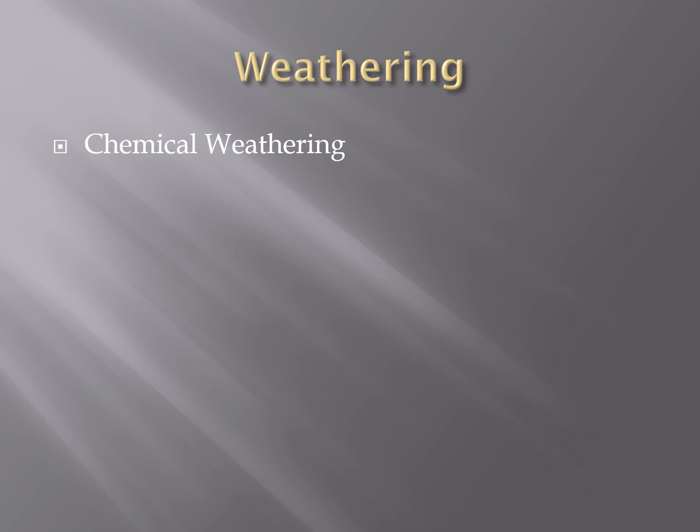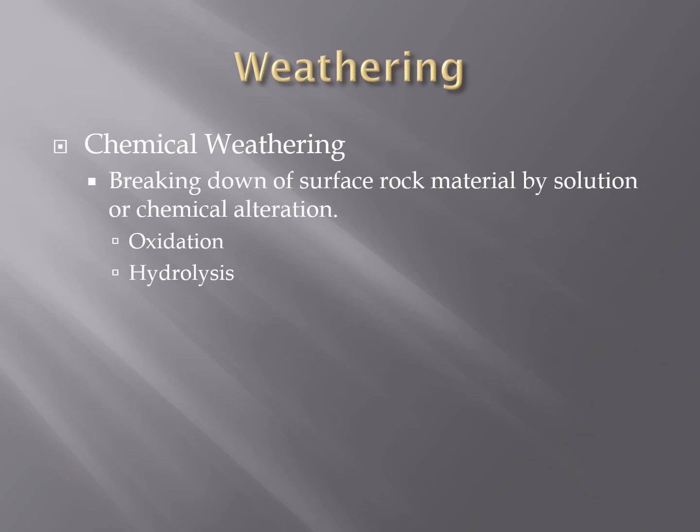The other rock material is crushed up by weathering, and we come over to chemical weathering, which is the chemical breakdown of that rock by solution, and this is through oxidation and hydrolysis.